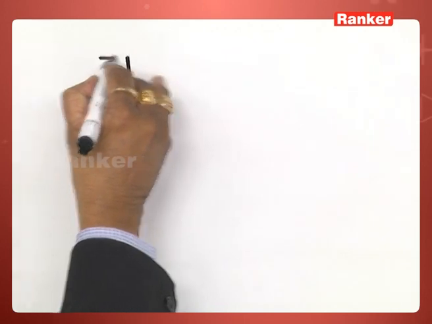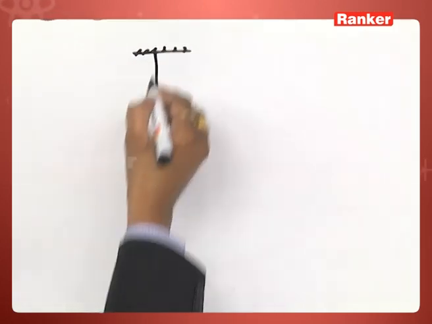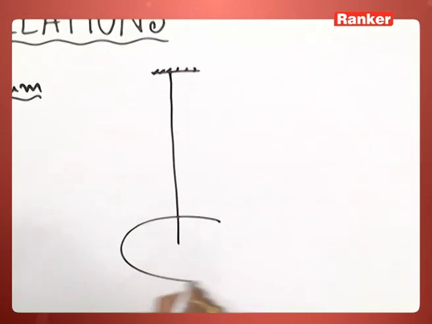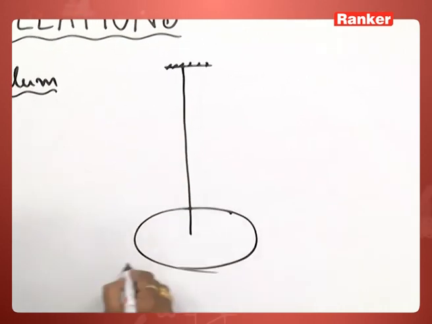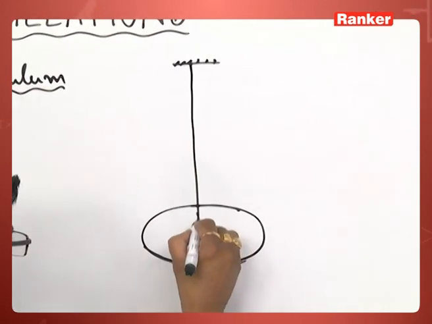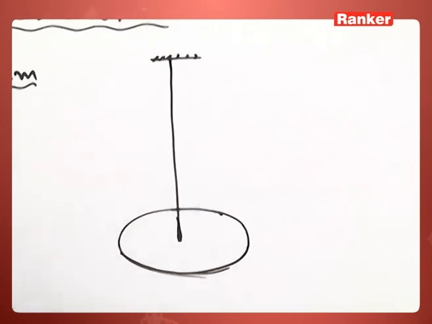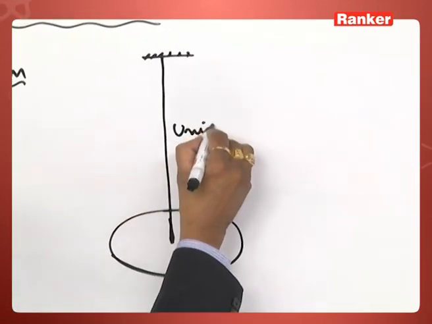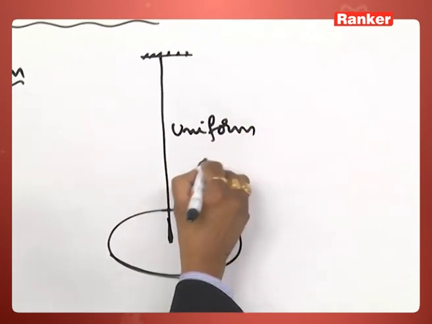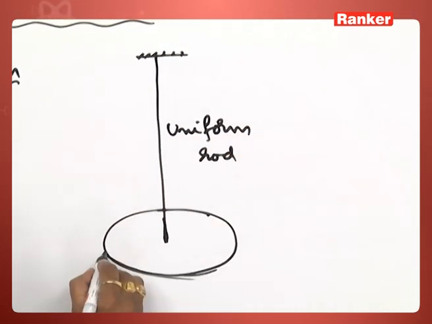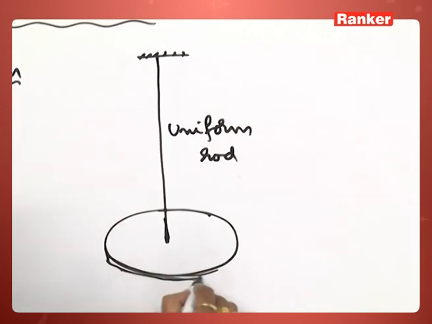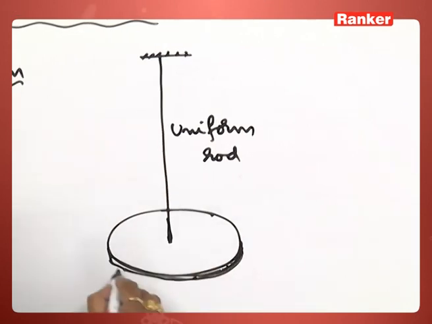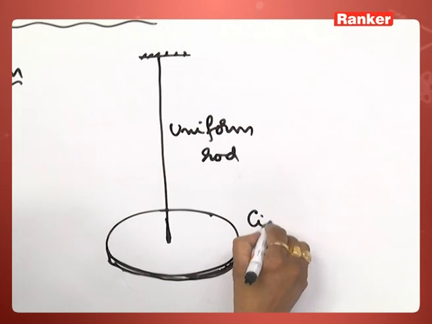A uniform rod will be like this. To this rod, a circular disc will be attached at the other end. This is a uniform rod, and here we have a circular disc that is attached.